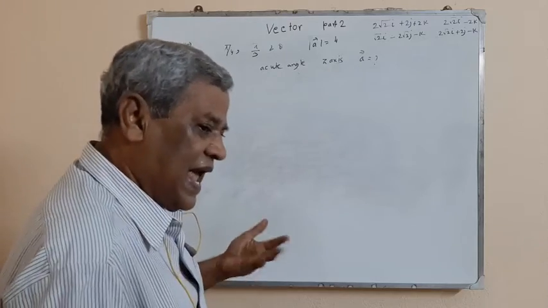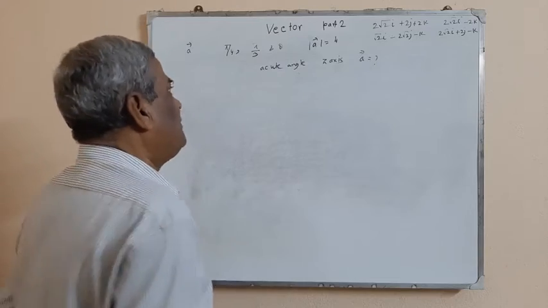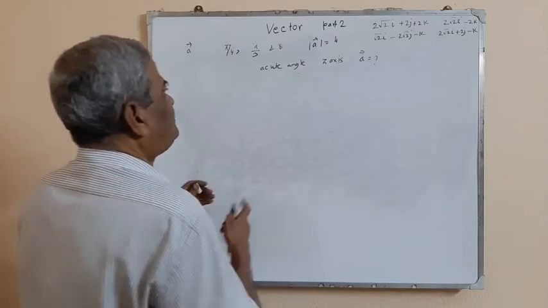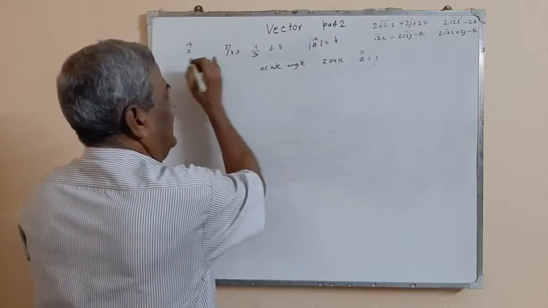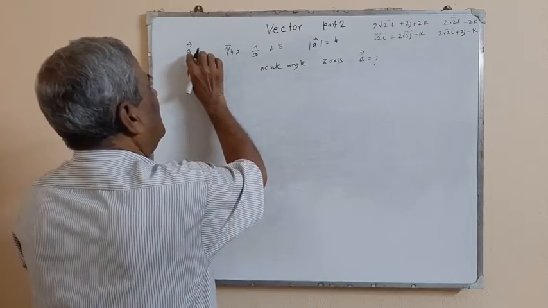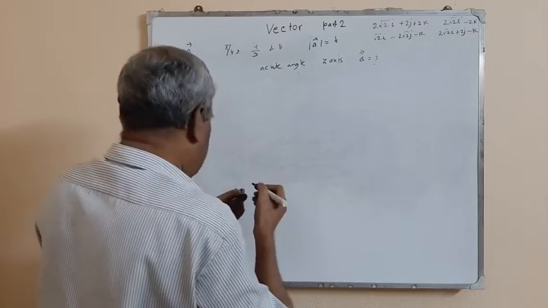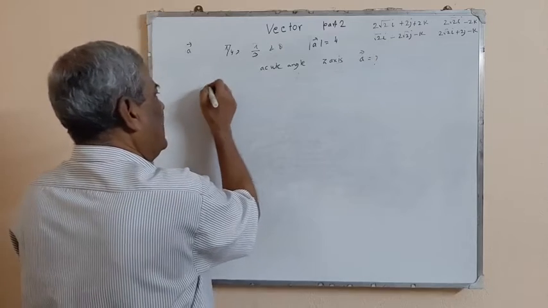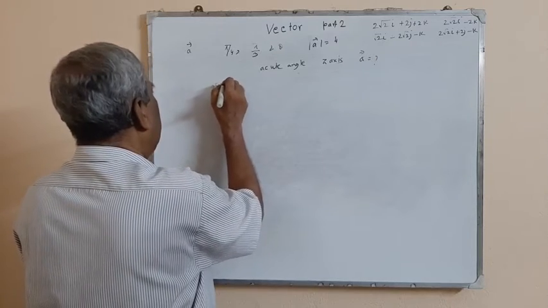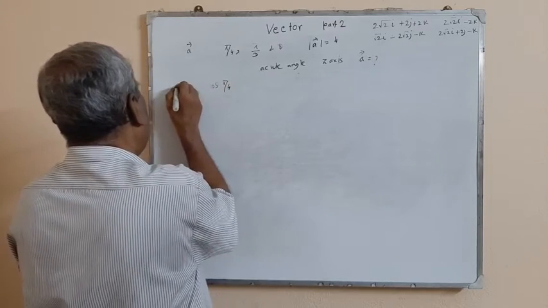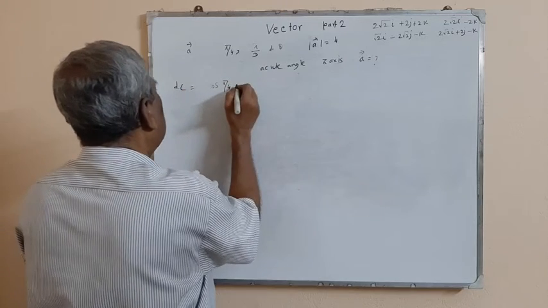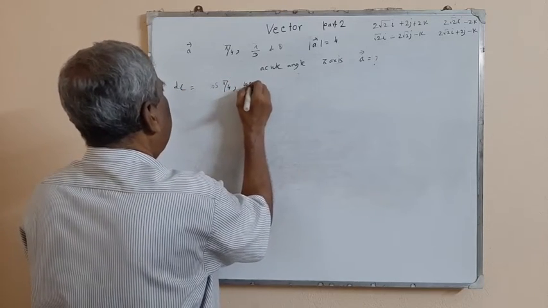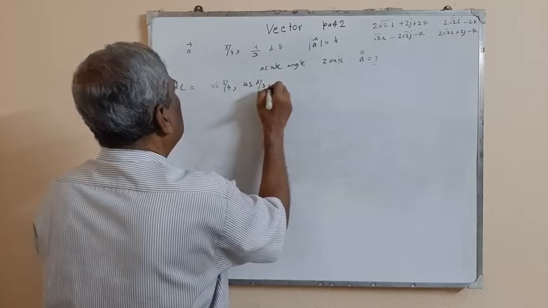Then vector A is... So its direction cosines are cos pi by 4, cos pi by 3, and cos theta.